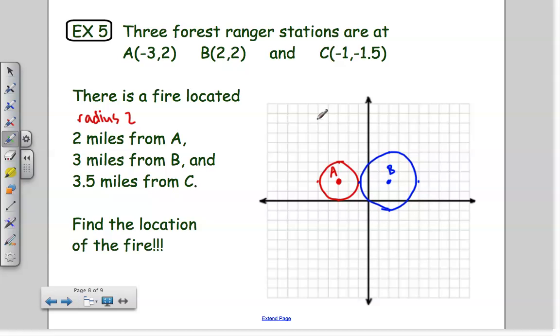And finally, 3.5 miles from C. C was at negative 1, negative 1.5. 3.5 mile radius from C, basically. 1, 2, 3.5, yep. All right.